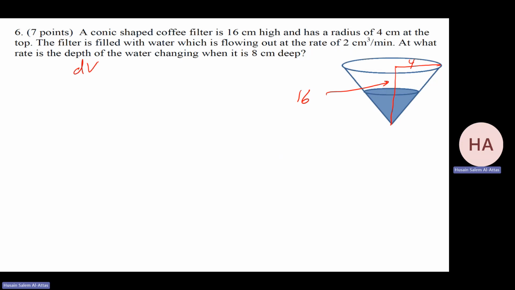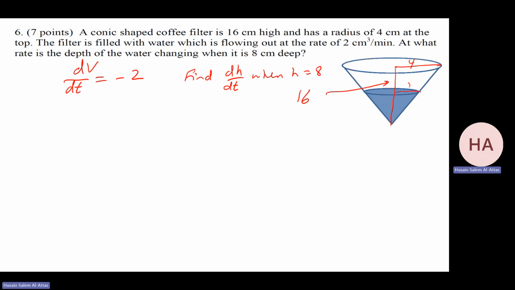So I have dV by dt equals minus 2. Since it's flowing out, the water is going out, so the volume is decreasing. At what rate is the depth of the water changing? Find dH over dt when H equals 8. That's the question. Okay. Also the same thing.